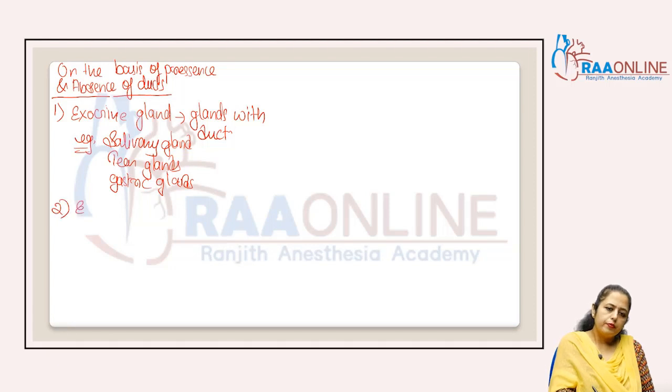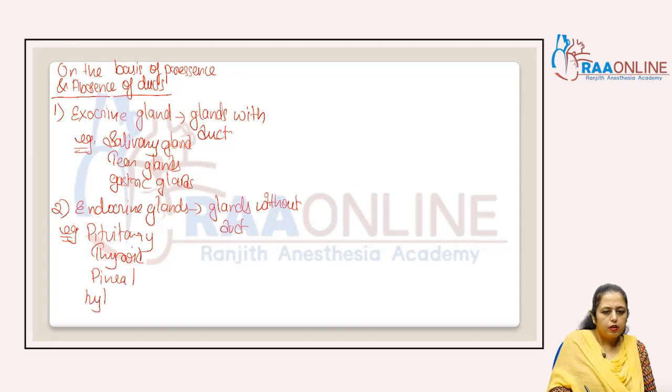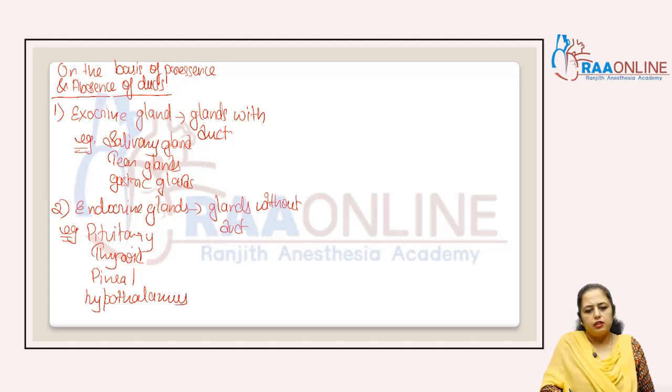Second is the endocrine glands, glands without duct, for example pituitary, thyroid, pineal, hypothalamus, etc. There are so many glands.